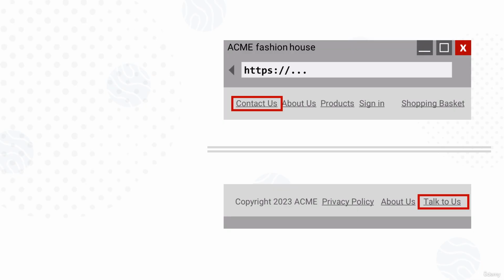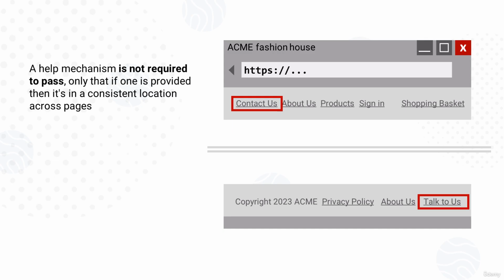When the placement of the help mechanism is consistent across a set of pages, users looking for help will find it easier to identify. But what's important is a help mechanism is not required for this criterion to pass, only that if one is provided, then it's in a consistent location across pages. It may be the header or the footer or anywhere else. What's important is its consistent location.